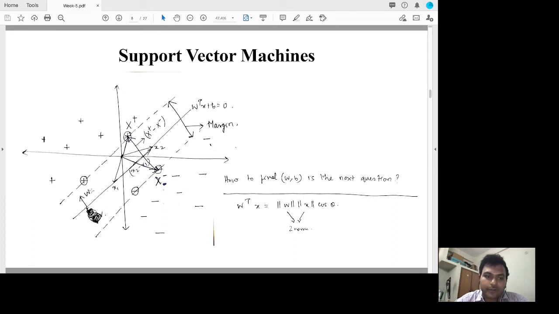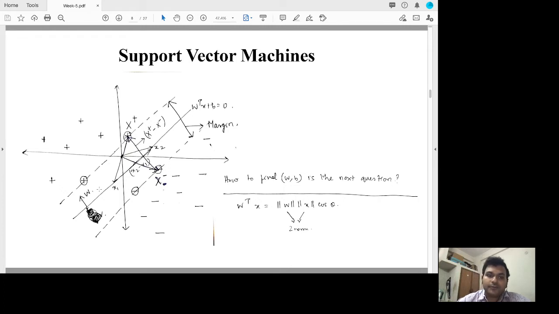W is the vector which is perpendicular to all these lines. Therefore, in order to find the perpendicular distance between the two lines, or in effect the margin, you will need to project this x plus minus x minus vector, the vector between the two support vectors, onto w. Is it clear?